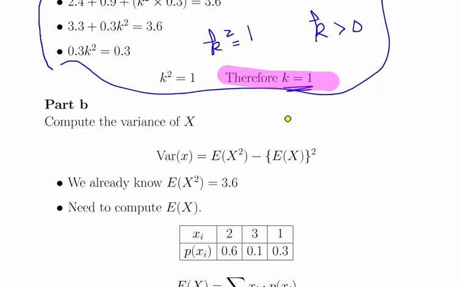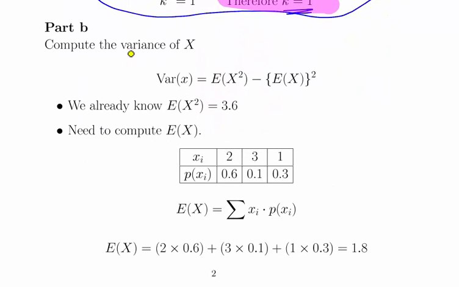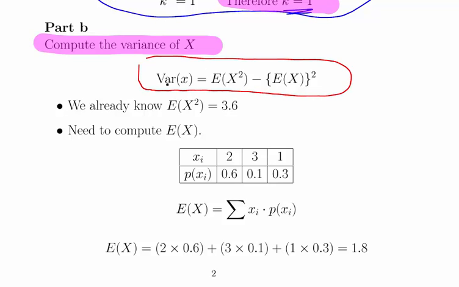Now, essentially what we have to do here is calculate the mean and variance of X. Actually, ultimately, this is the end goal, so let's just keep going with this. The variance of X is equal to the expected value of X squared minus the expected value of X, squared.